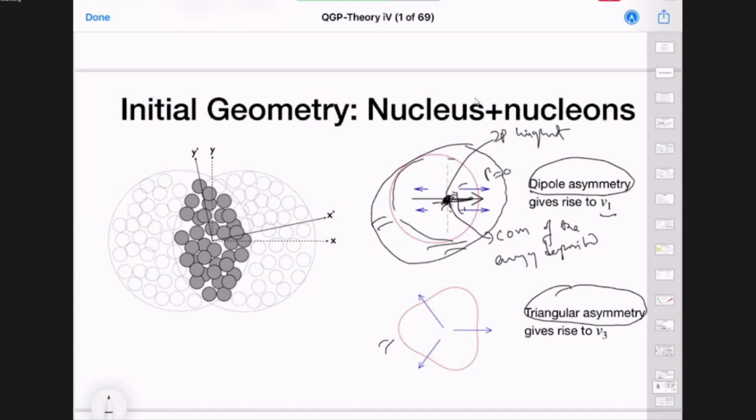Here you see the gradient in the pressure is largest, right? Because this is the shortest distance and this is the longest distance, so the gradient in this direction is larger, right?